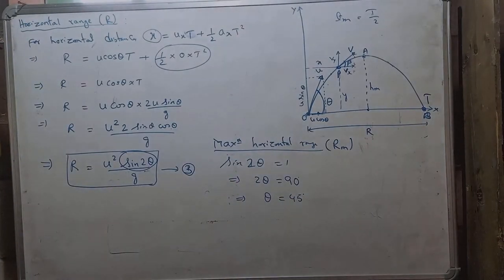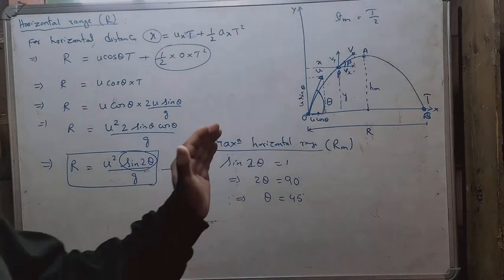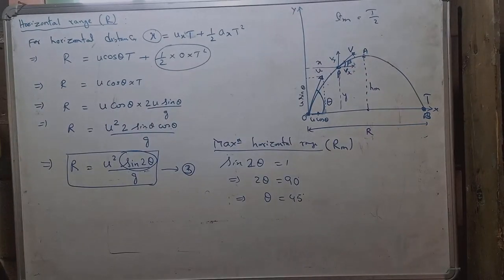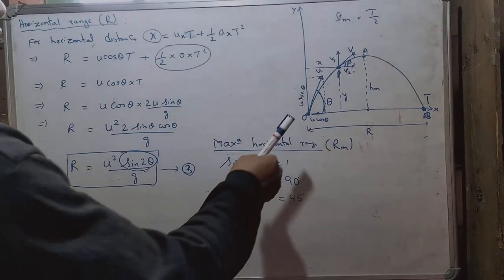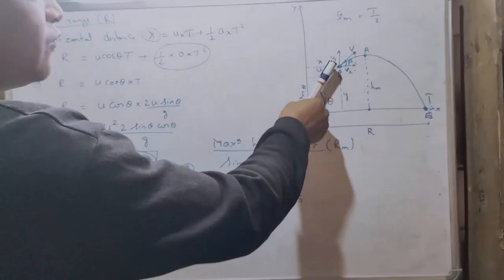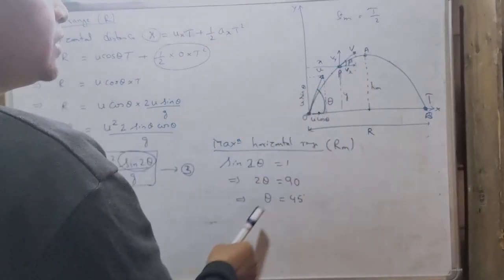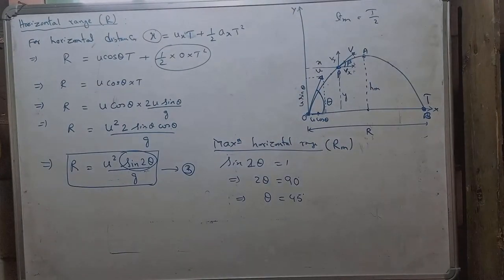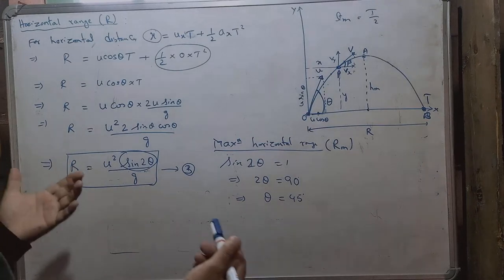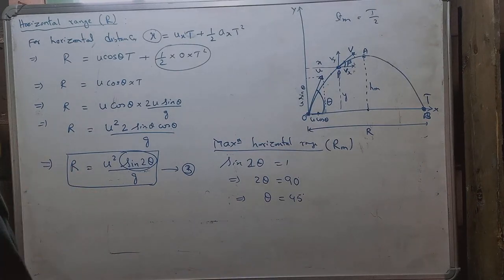So this means that in order to get the maximum horizontal range, the projectile should be projected at an angle of 45 degrees with respect to the ground. Now, what is the expression for the maximum horizontal range?